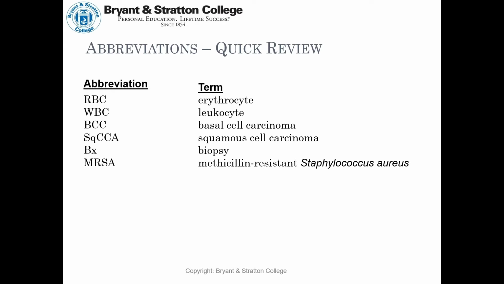Everybody has heard of MRSA. It's one of the most common nosocomial infections, as in it's very common to get an infection in a healthcare environment. And this is actually because MRSA has essentially evolved due to overuse of antibiotics.